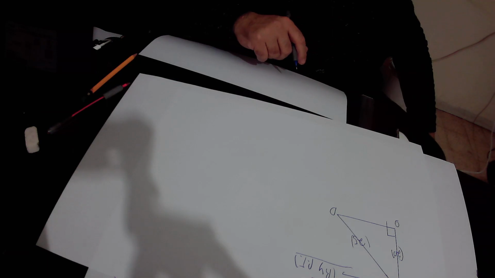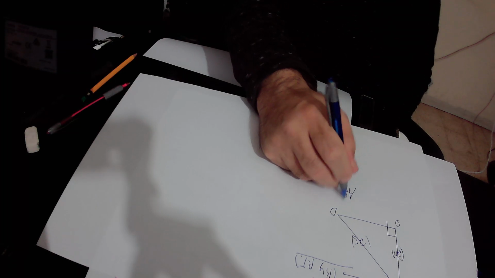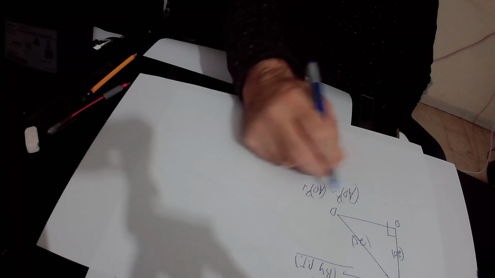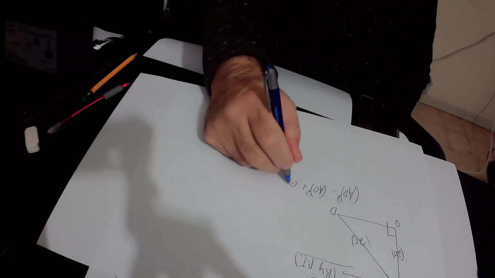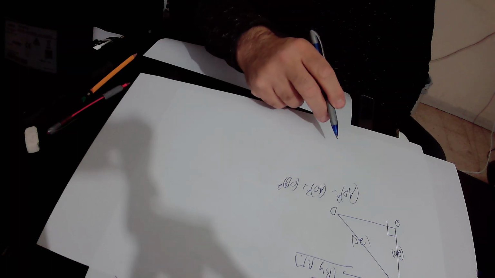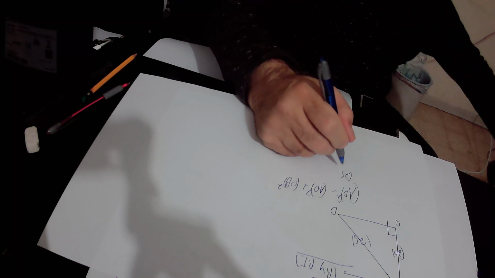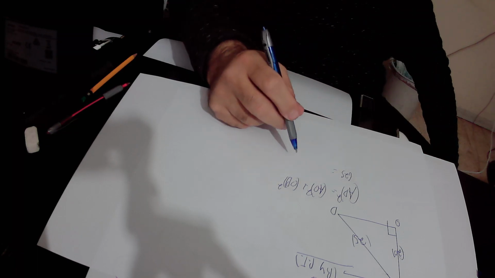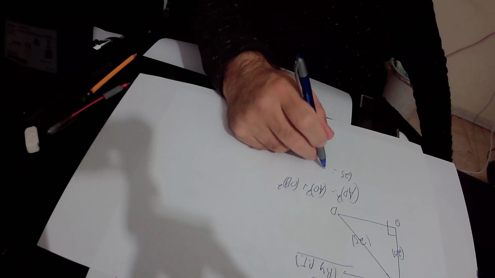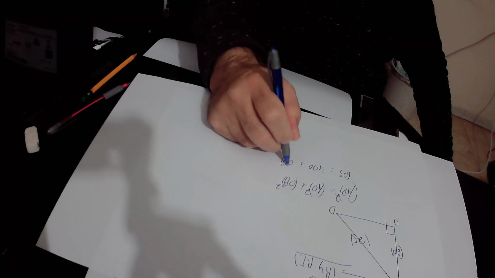According to the Pythagoras theorem, in this right triangle AOD, AD squared equals AO squared plus OD squared, that is the missing side. AD is 25, therefore AD squared is 25 squared, that is 625. It is equal to AO squared. AO is 20, therefore AO squared is 20 squared, that is 400, plus OD squared.